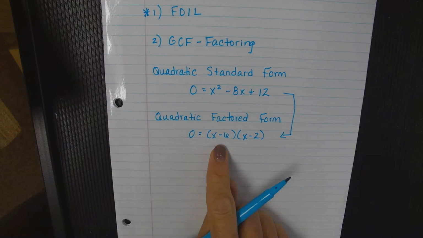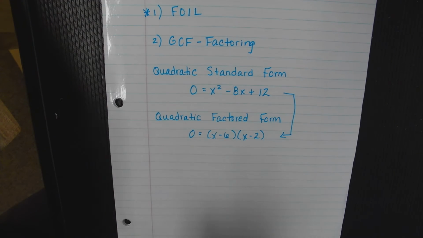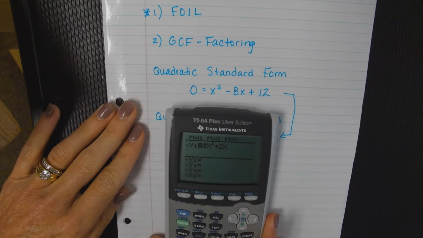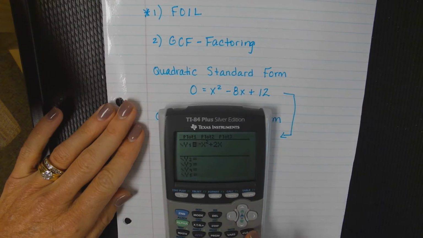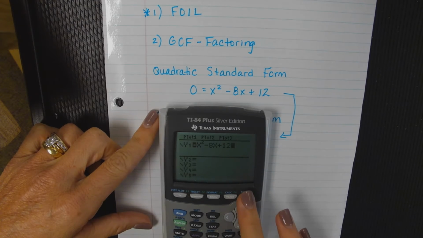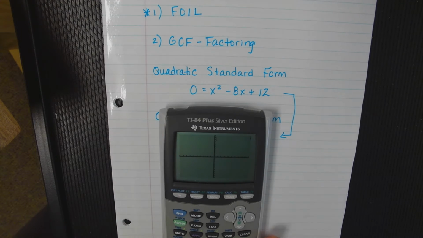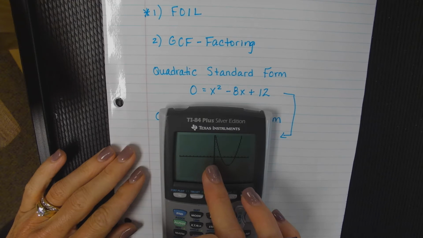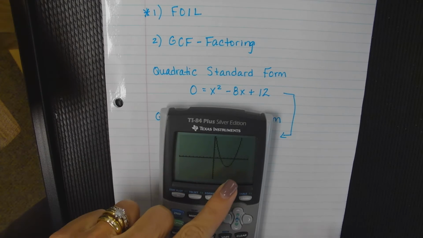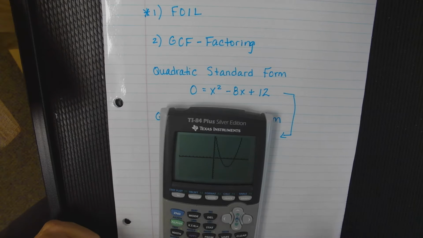What I'm going to show you is I'm going to put in this equation in my calculator right now. I have x squared minus 8x plus 12. I'm going to hit graph. There are 2 solutions. Remember the solutions are x.